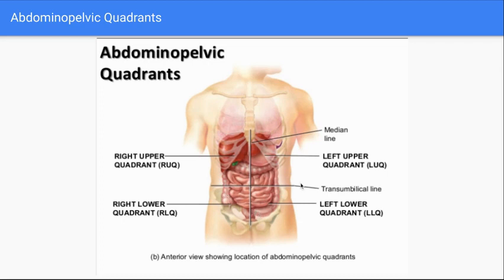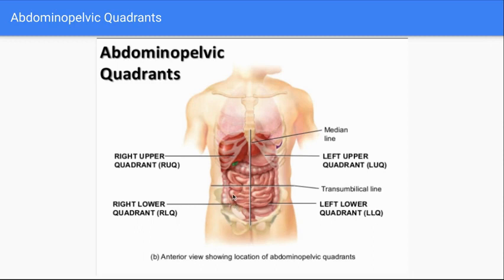So if you look, go down the middle of the sternum, and then the horizontal line is drawn across the top of the hip bones. And so you have this, these are easy. These are called the RUQ, which is the right upper quadrant. This is the LUQ, left upper quadrant. And then the bottom 2, of course, are the lower quadrants, RLQ and LLQ. So often they'll use those abbreviations.